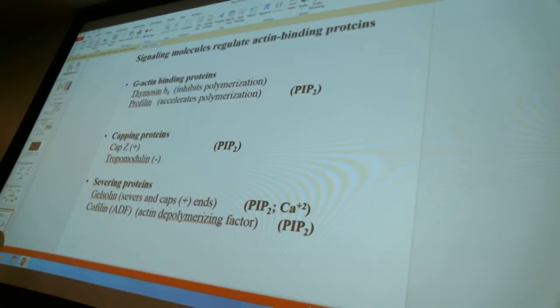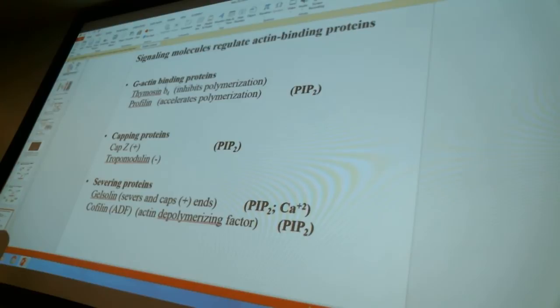In addition to the accessory proteins, we have a number of signaling molecules such as phosphoinositide phosphates. You're already familiar with those molecules. And this type of signaling molecule, in addition with sometimes certain cations, for instance, calcium ions, can assist the accessory proteins in making their job more efficient, or sometimes even initiate functioning of these very important accessory proteins.